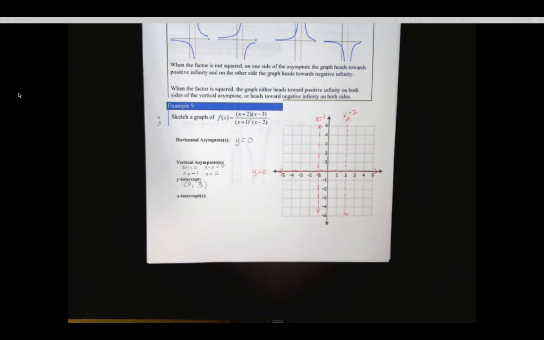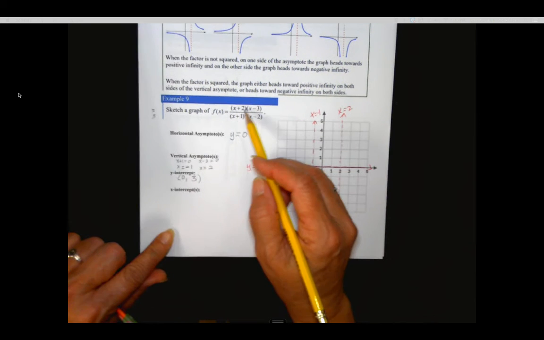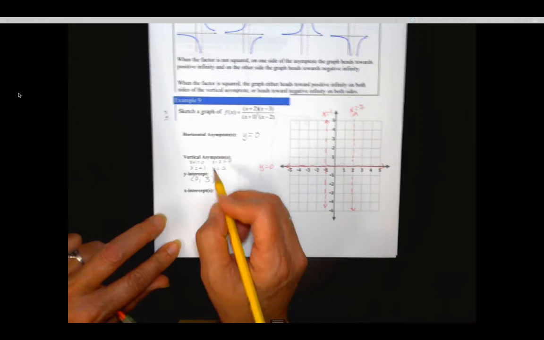Okay, now let's find our x-intercepts. So remember, the x-intercepts happen when the numerator is equal to 0. And so we want to take the polynomial that's in the numerator, and this one's already factored out, so it works out really nicely.